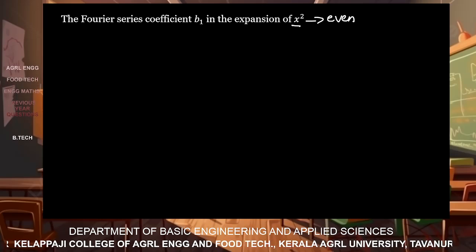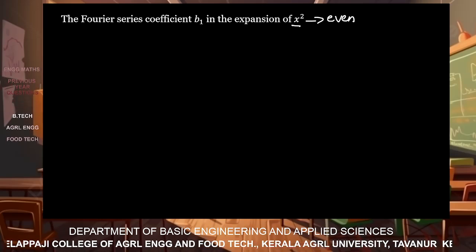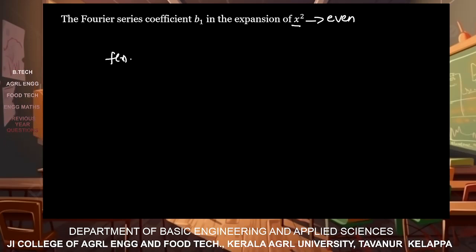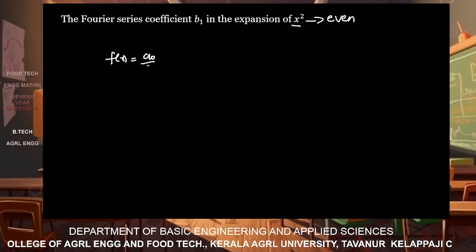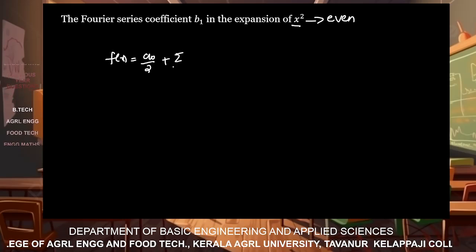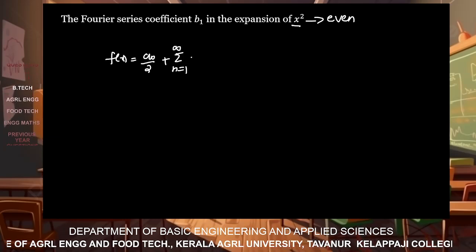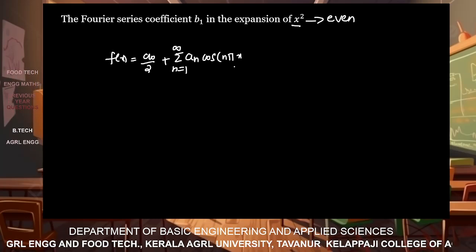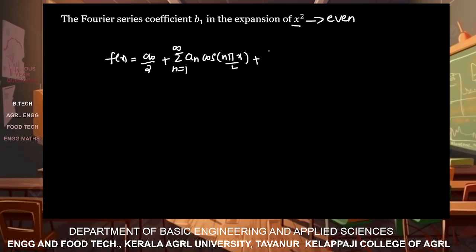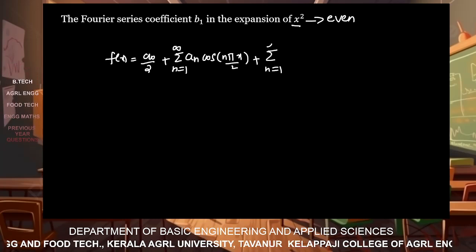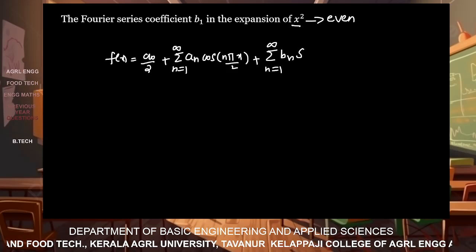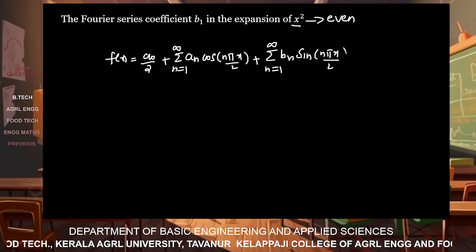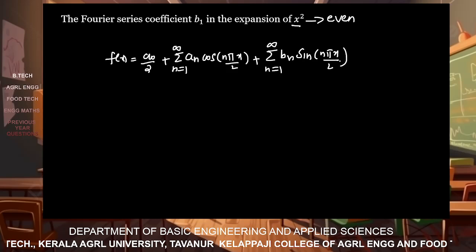Note that the Fourier series in general is given by f of x equal to a naught by 2 plus sigma n from 1 to infinity an cos n pi x by L plus sigma n from 1 to infinity bn sin n pi x by L. This is the general form of the Fourier series.